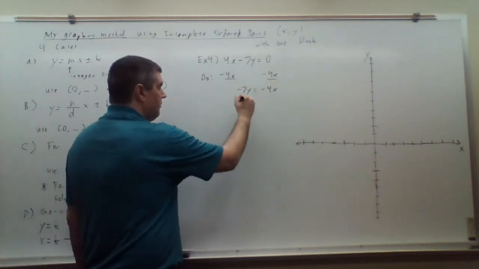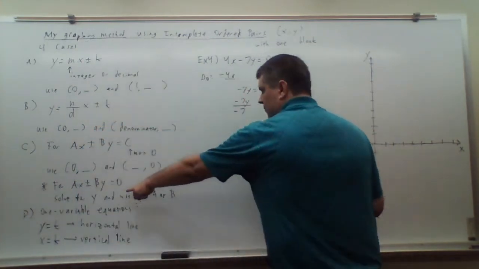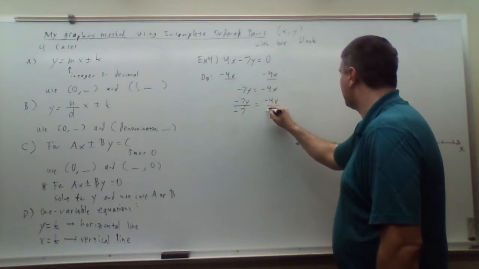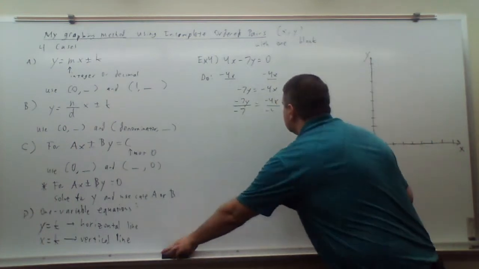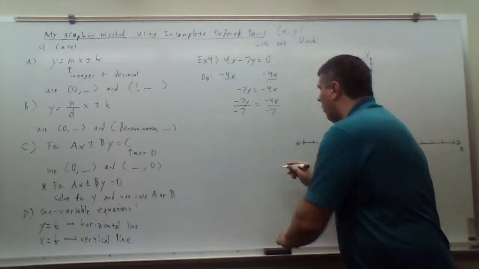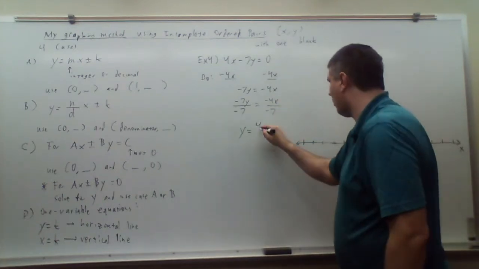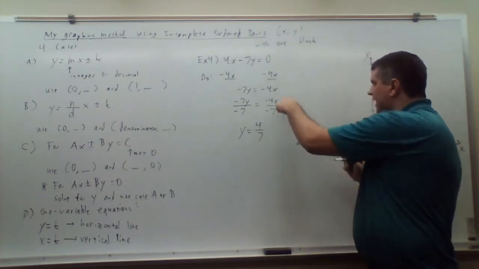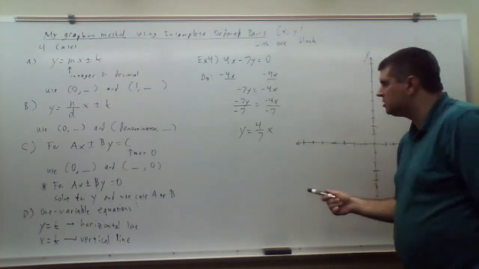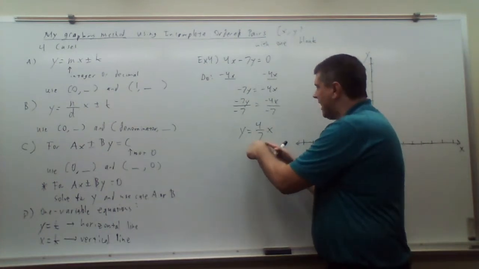Divide off the negative 7 because I'm solving for y. Negative 4x over negative 7. And y equals, the negatives will cancel, and I will have 4/7. I'll factor the x out of the numerator. Y equals 4/7 x.